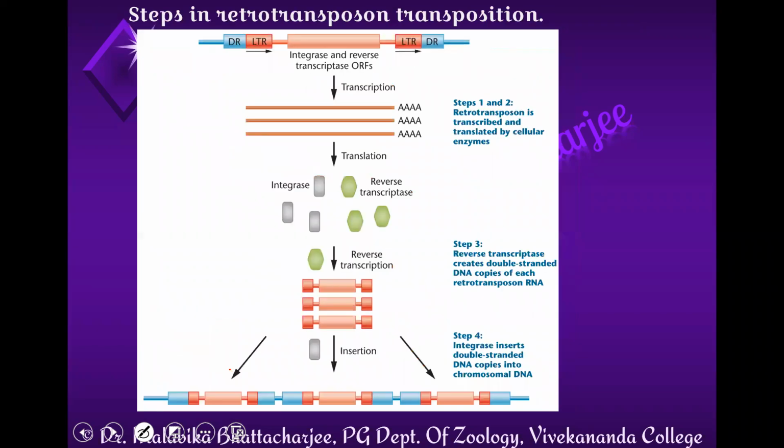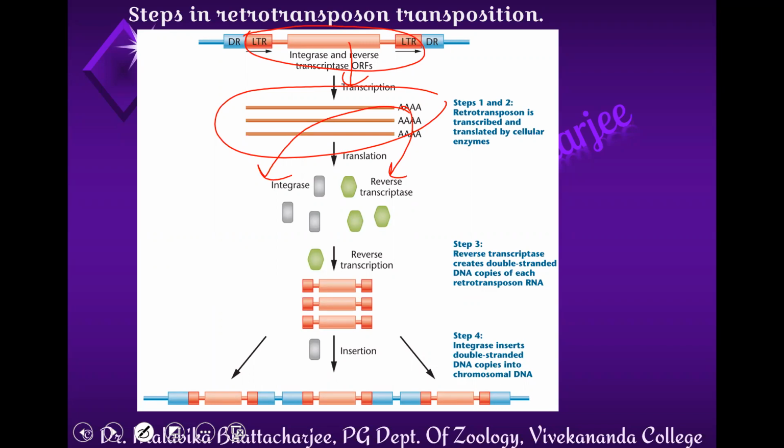But if you look into the simplified manner of how retrotransposition occurs, as you can see, this is the transposable element. RNA is synthesized targeting the transposable element, and from the RNA, the translation is occurring, resulting in the production of 2 proteins, integrase and reverse transcriptase.